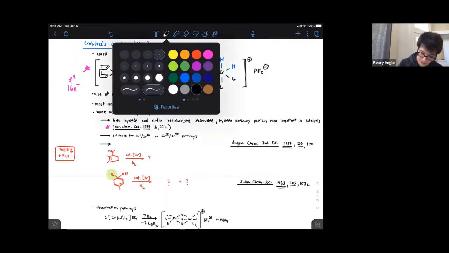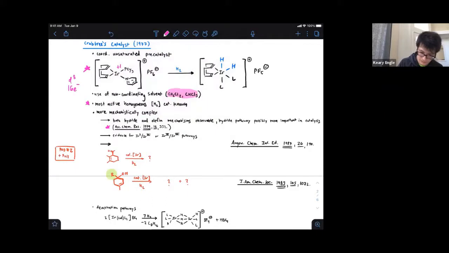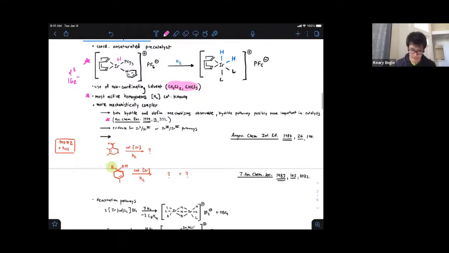And indeed, as you see here, this is still to this day one of the most active homogeneous hydrogenation catalysts. I think even in this department, there are many examples in total synthesis where Crabtree's catalyst works and everything else that was tried failed. Mechanistically, this is a little bit more complex. There's evidence supporting that it could be a hydride pathway or an olefin pathway; there's evidence for both.